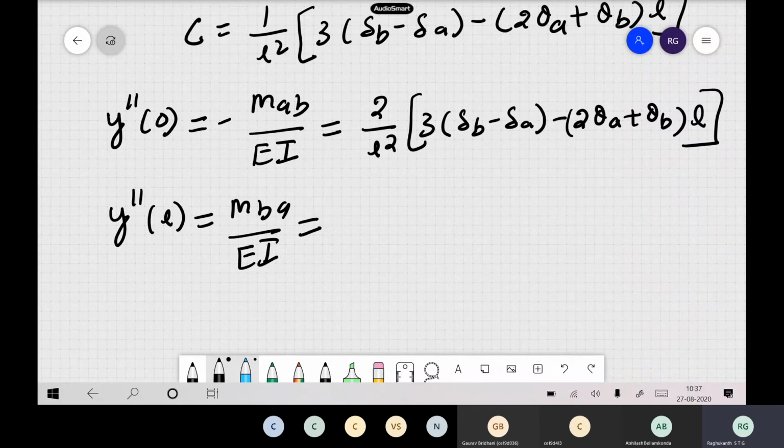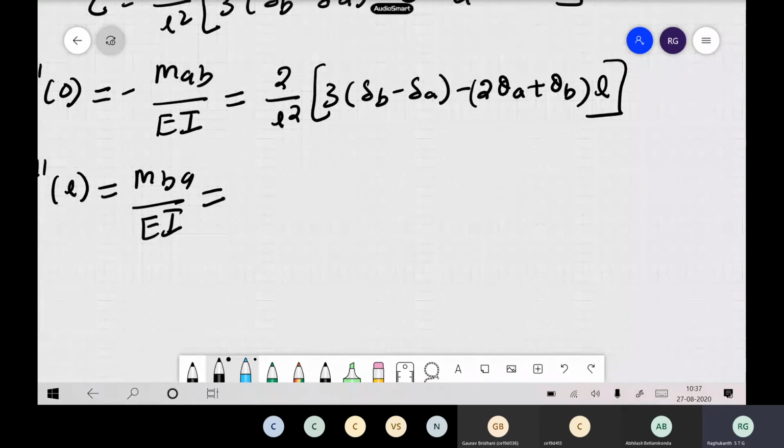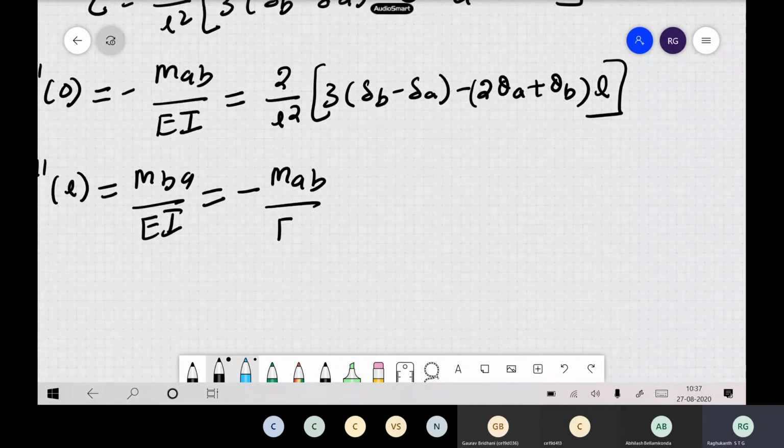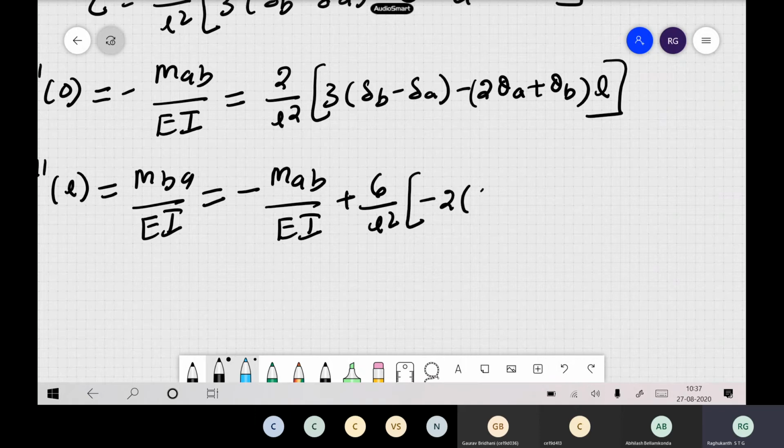So this becomes minus MAB by EI, plus 6 by L square minus 2 delta B minus delta A plus theta A plus theta B into L.